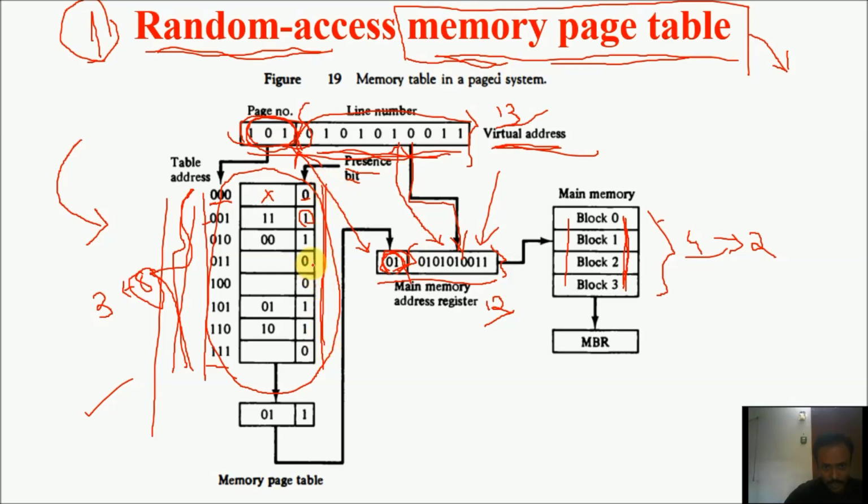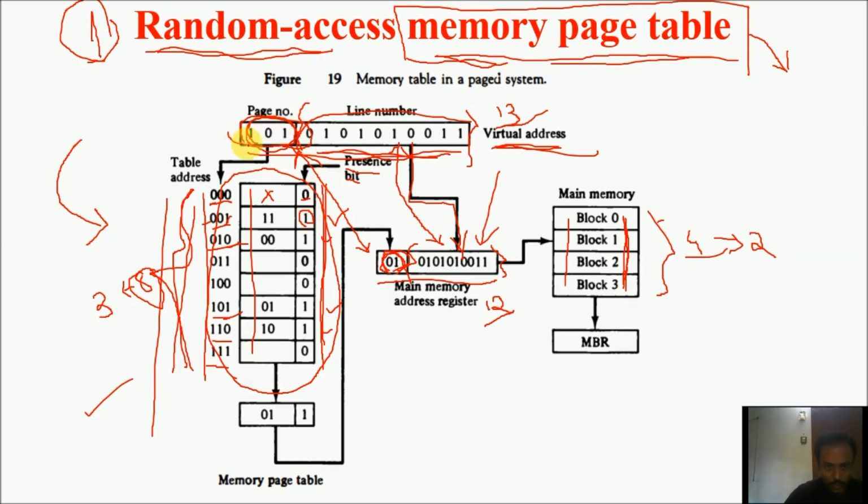So if we check this presence bit, then we can say among these 8 pages, which pages are present in the main memory presently. So we can say this second page is present in the main memory, then the third page, then the sixth page, then the seventh page. So among these 8 pages, only the second, third, sixth and seventh pages are present in the main memory.